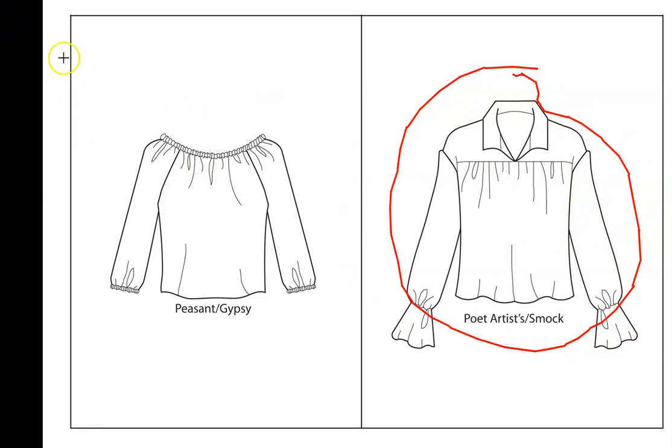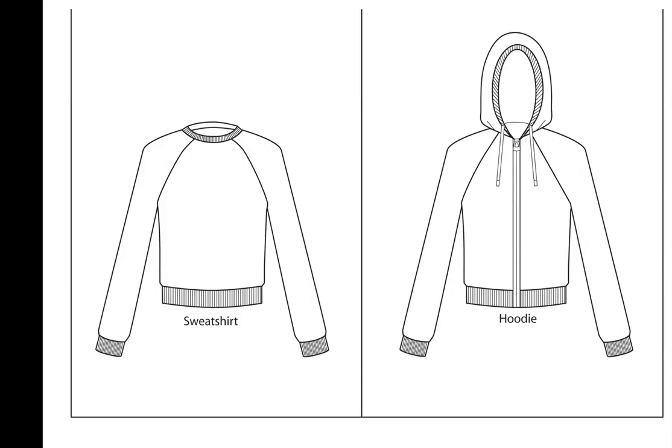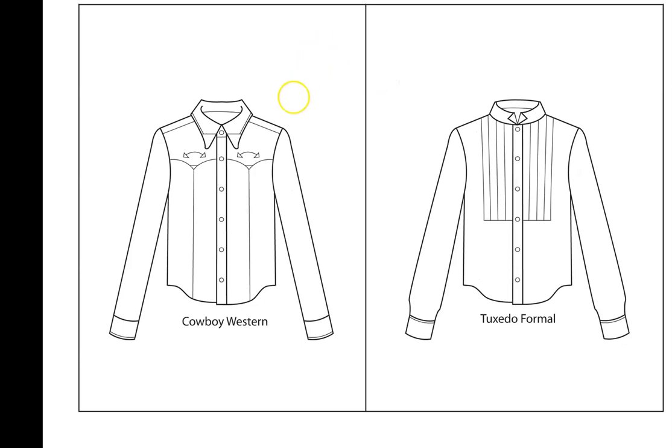Again, in your file, it should be these 6 drawings, and then these 2, these 2, these 2, these 2, these 2, these 2. Okay? So your file should have those 6 drawings done.